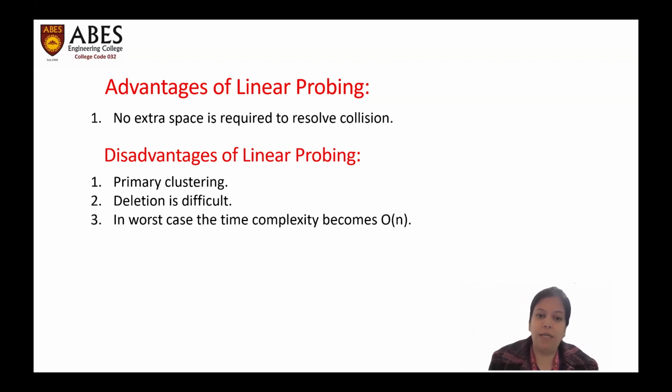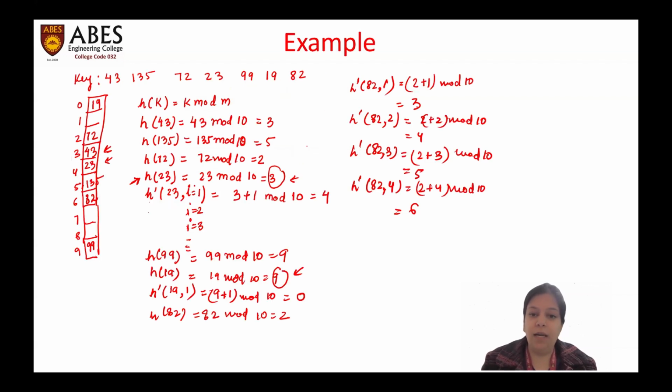Now let us understand what primary clustering is. As you can see, we are linearly probing. For 82, index 2 was not empty, then we went to index 3, it was not empty, then we went to index 4, it was not empty, and so on. So the indexes that we use to store any key value giving us a collision will be near the indexes which are already filled.